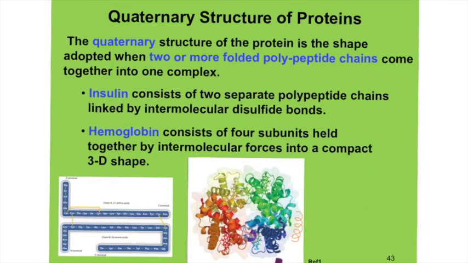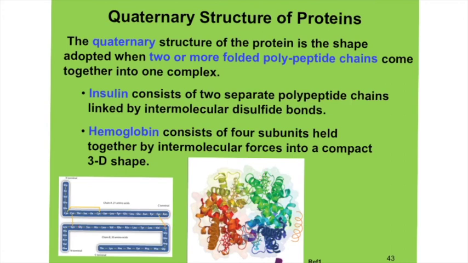Okay, so moving on to the quaternary structure of the protein, it's when you have more than one polypeptide in your complex. So two or more folded polypeptide chains come together in one complex. One example is insulin here, another is hemoglobin that's shown here. Insulin contains two separate polypeptides shown in blue, and they are joined together through disulfide bonds through the cysteine residues here.